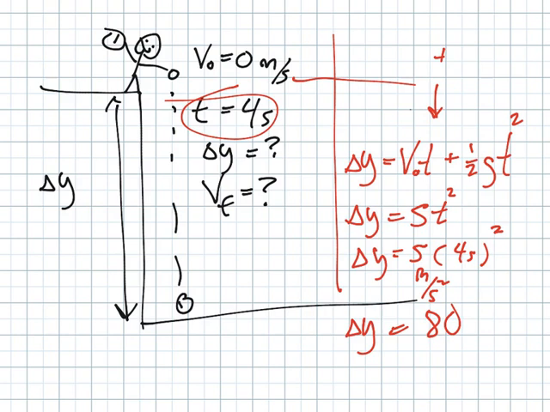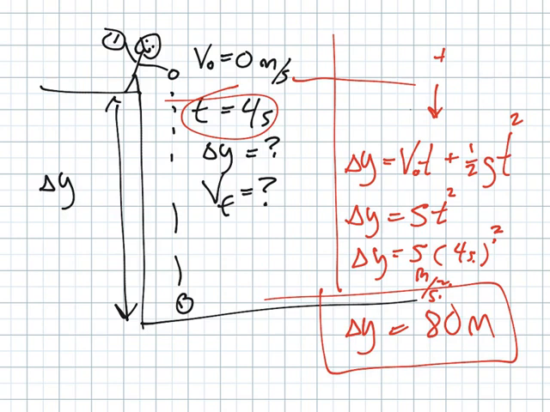All right, and so you've got this seconds right here is squared. That cancels with this seconds squared, and you're left with meters, which is good. So it fell 80 meters. When you drop something from rest and it takes about 4 seconds to hit the ground, the distance it falls is about 80 meters.